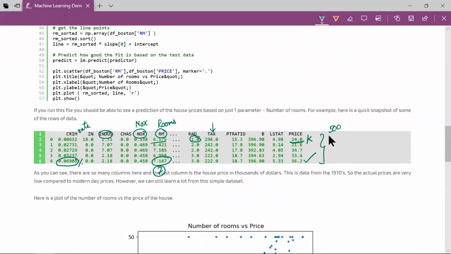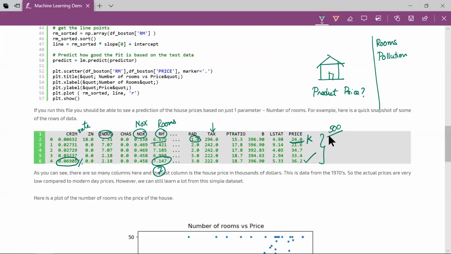So given 500 rows of data of different attributes of a house, we want to predict the price of the house. Based on what? Based on the number of rooms and the pollution. Each thing is quantified. I'm not saying it's a high pollution area or a low pollution area.